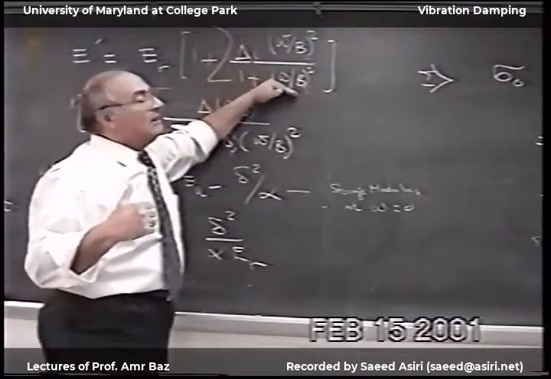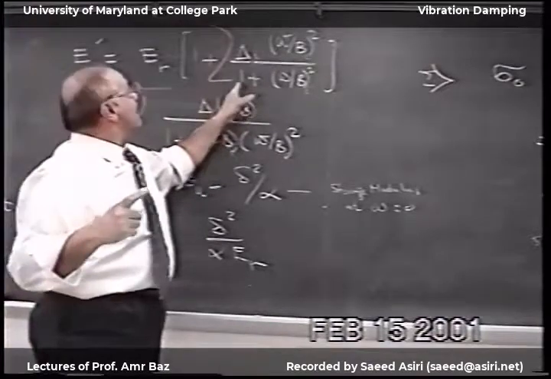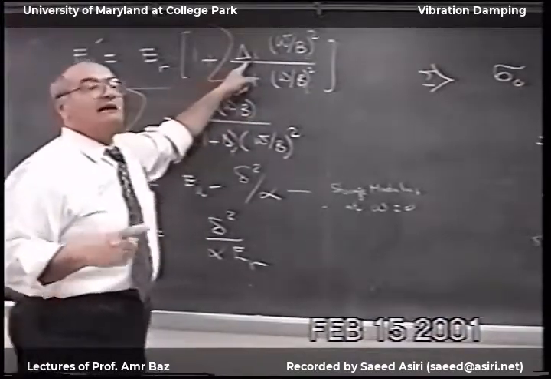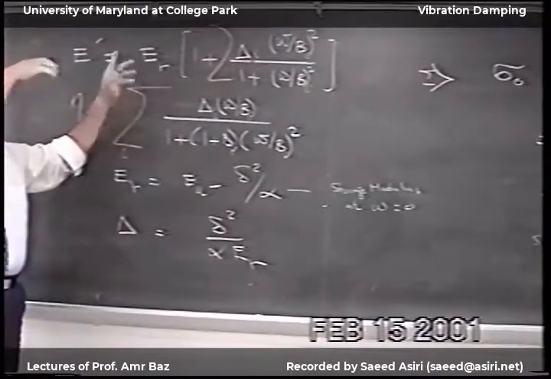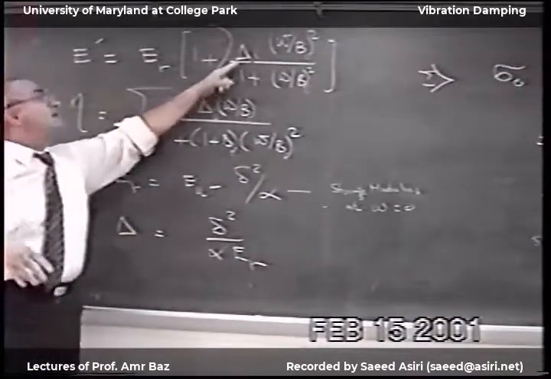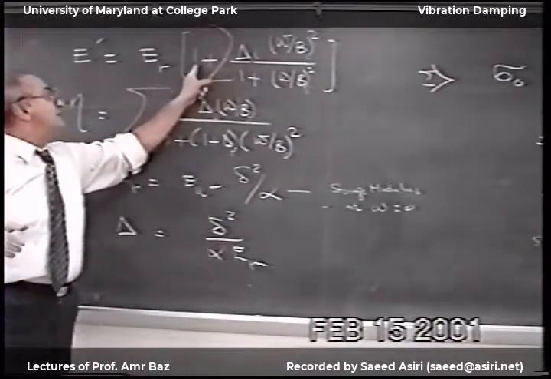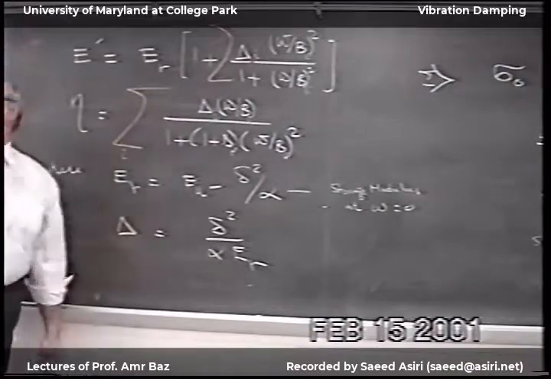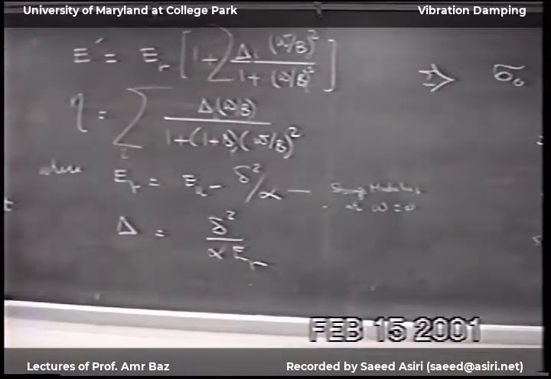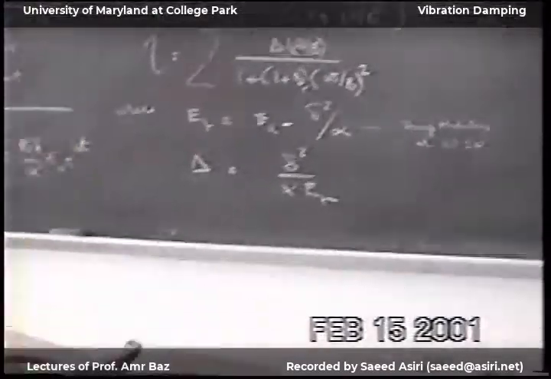This term will be 1 and this term here will be 0. Then I'll have 1 plus delta times ER, which should equal E at infinity. So this cannot be just any number; it has to be this plus this times this, which should be E at infinity. This is exactly what I described last lecture for the other case.